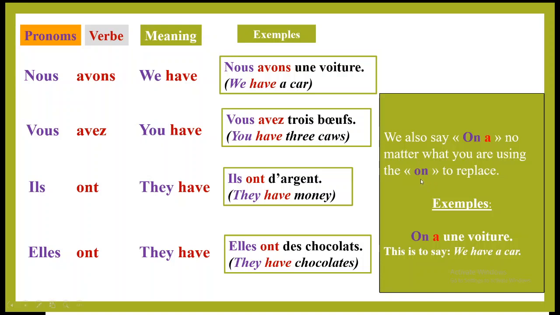So no matter what, we say on a. Exemple, on a une voiture. This is to say we have a car. So using on depends on the context, what we are talking about. So if the person you are talking to understands what you are saying. So on does not have a fixed meaning. It depends on what you are saying.